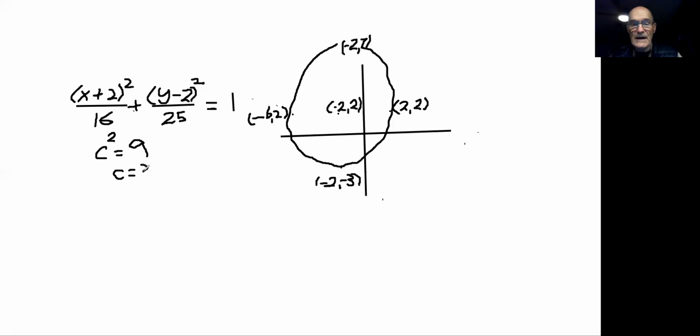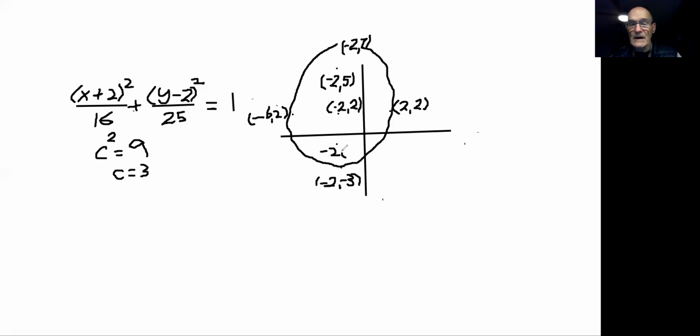So I would go up 3 from here, up to minus 2 and 5. That's one of my foci. And I would go down 3 to minus 2 and minus 1.